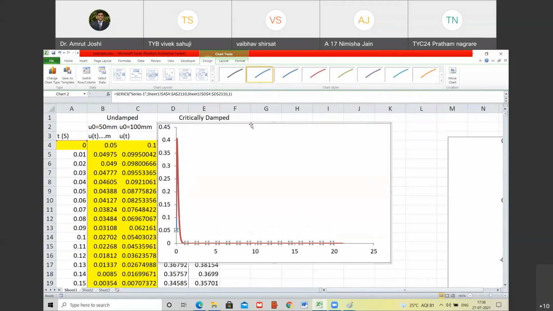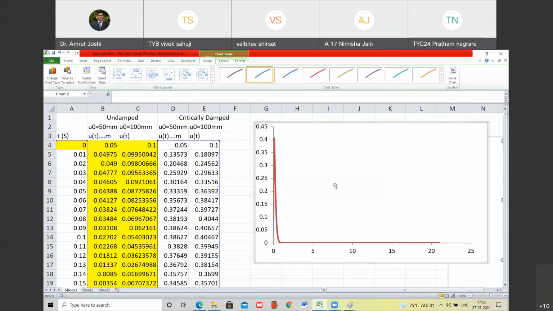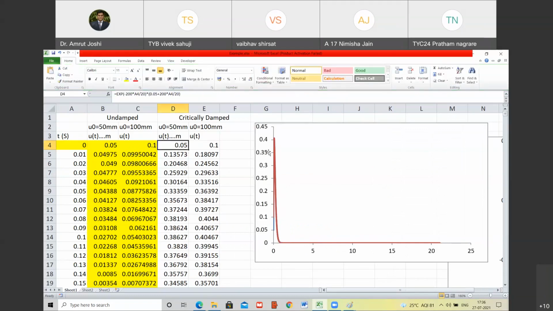Okay, so let me explain what is happening. Chalo. The first system starts from where? The first system starts from 0 point.